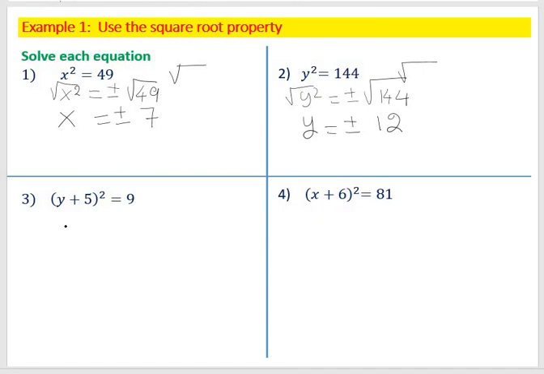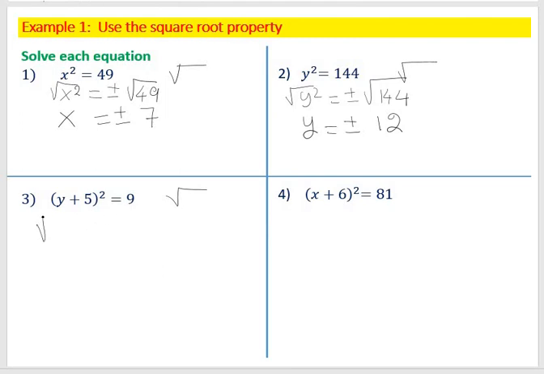Okay, number 3. We're going to proceed a little bit more in the lesson. Here we have y plus 5 all squared equals 9. So in order to get rid of this square, we're going to do the same thing. We're going to take the square root of both sides.